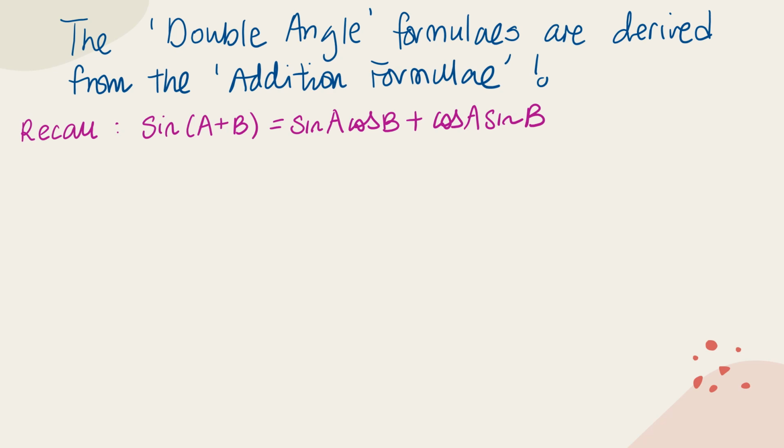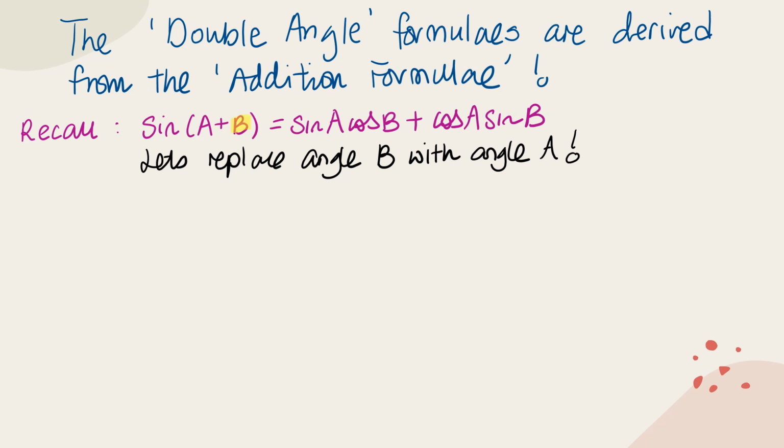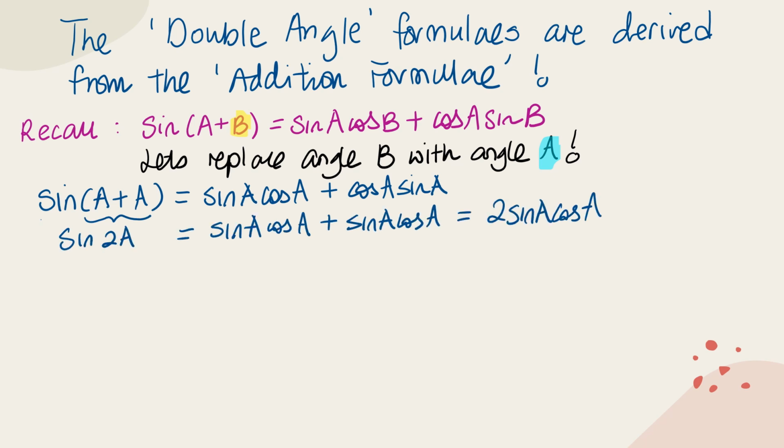What we're going to do is replace the angle B with angle A. So I would end up having sine bracket A plus A on the left-hand side, and on the right-hand side, if I replace all the angle B with angle A, I'll end up getting sine A cos A plus cos A sine A.